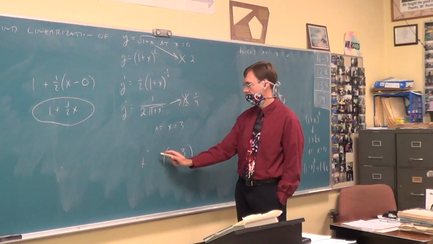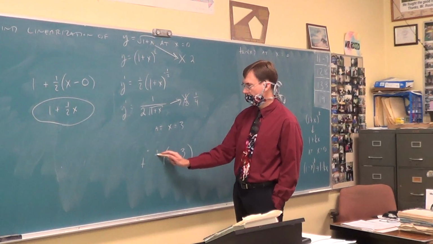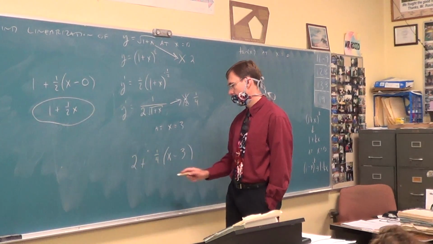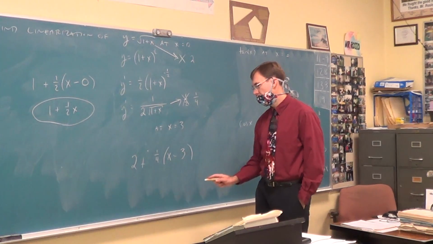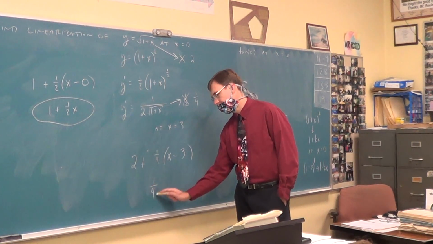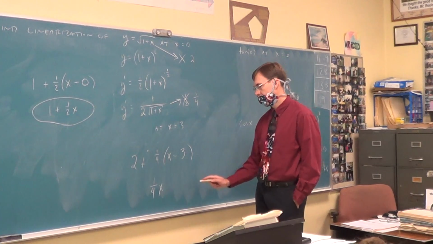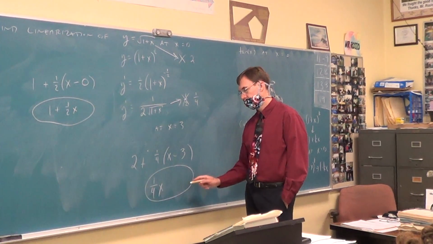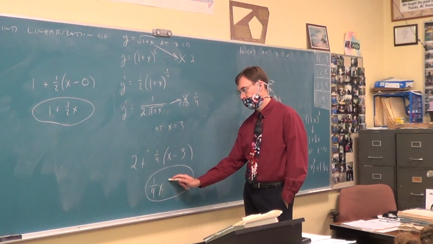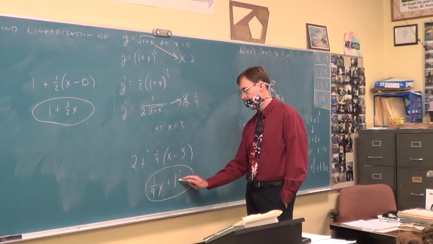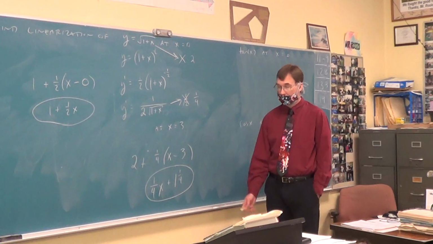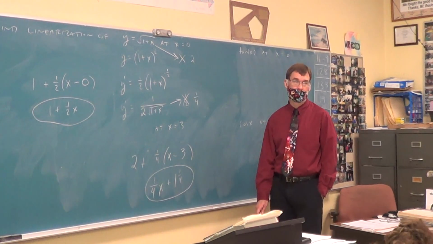That's the 3. Who goes here? 1/4. And then who goes here? A 2. If we distribute and try to clean up, we're going to get a fourth x. And then what will be the other missing piece? 1 1/4 is fine. 5/4, 1.25, whatever you like. Question about that?